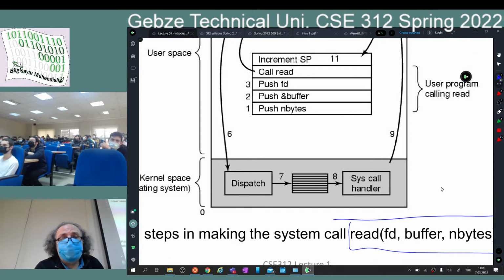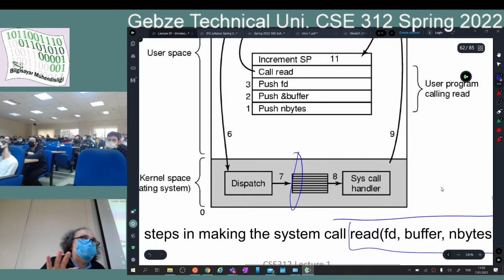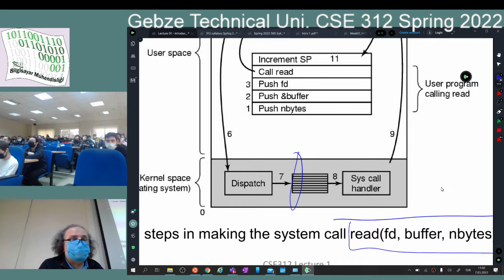What is it? The operating system says, okay, I can do 100 different things. I can read data from some place. I can write some data to some place. I can do input output. I can give you some memory. I can do this protection based stuff. So each of the system calls has a special number.